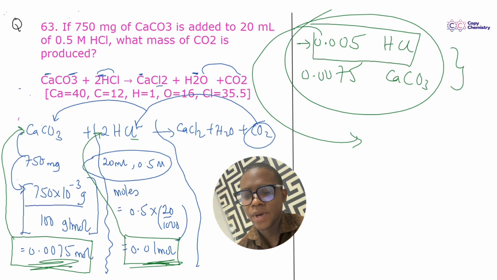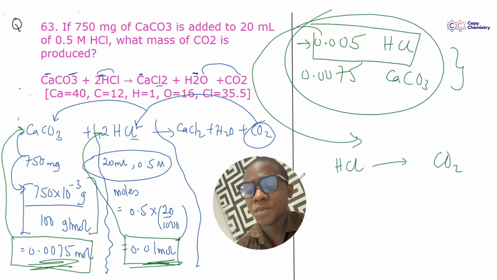Right, so we need to compare HCl and CO2 to solve this question correctly. If you compare CaCO3 and CO2 to get the mass of CO2 produced, that would be a way, but it's the wrong way and you get the wrong answer. So it has to be HCl, okay? So you'll always be right. Comparing HCl and CO2, we can see from the equation that 2 moles of HCl produces 1 mole of CO2.